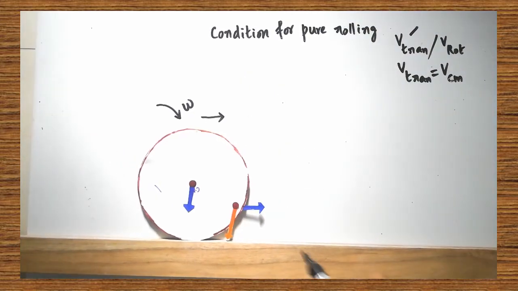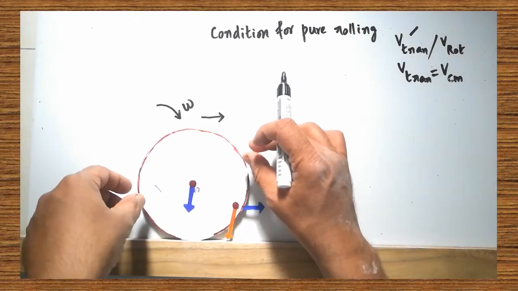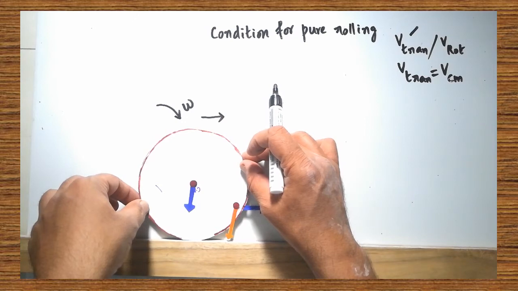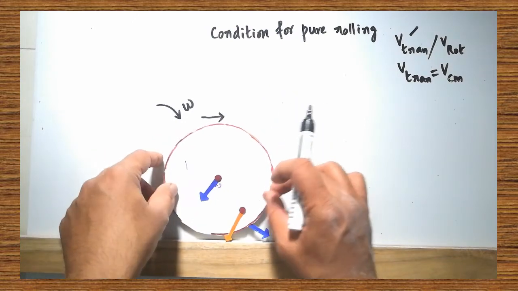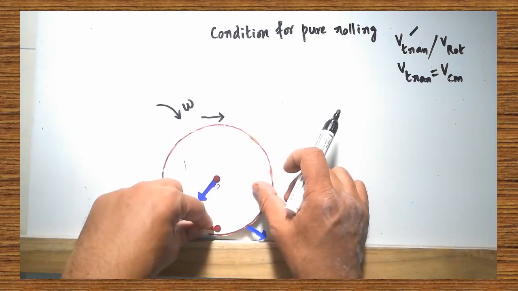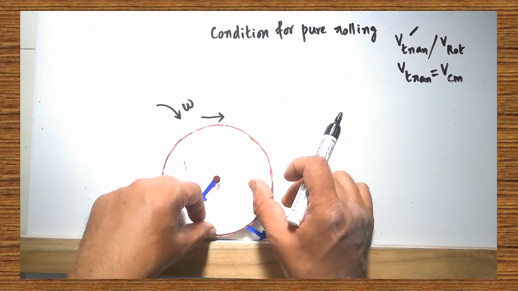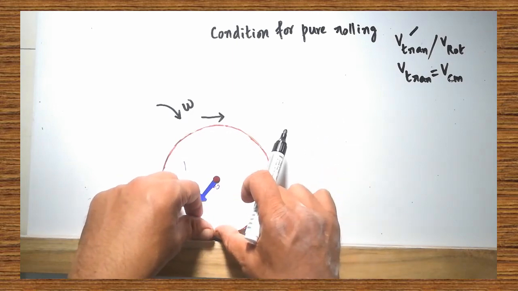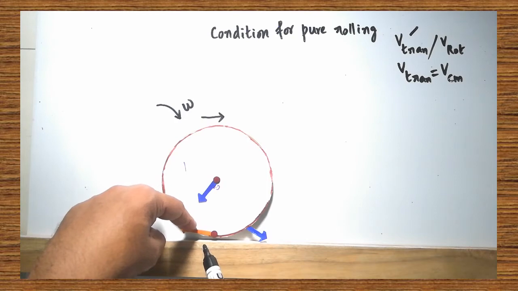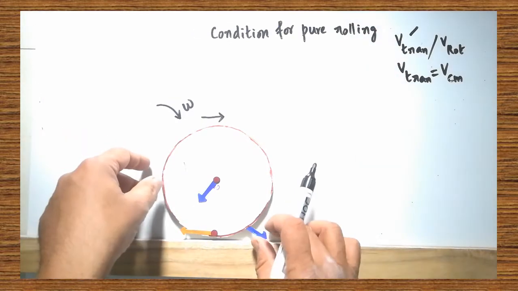Now we are going to see what will happen when the point comes to the point of contact. Look at that. I am going to rotate the rolling object further. Look at that. The point now has come to the bottom. Look at the orientation of the V rotation. That orange color line shows the direction of the V rotation. Are you clear?